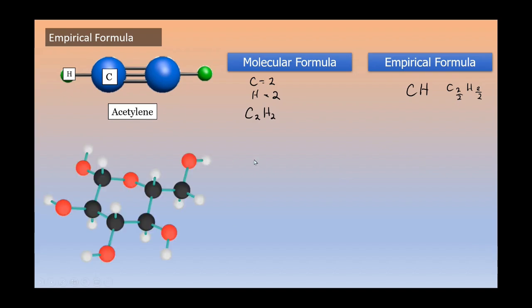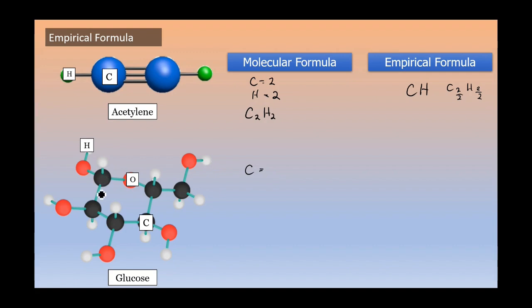How about if we have glucose? Glucose is one of the carbohydrates that we need in our body. So we have carbon atoms, hydrogen atoms, and oxygen atoms. So remember our molecular formula. How many carbons do we have?